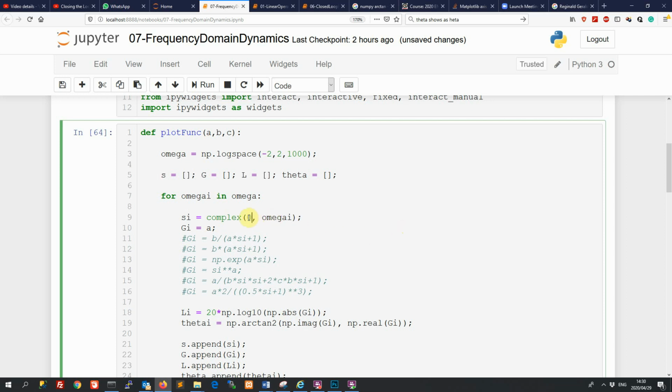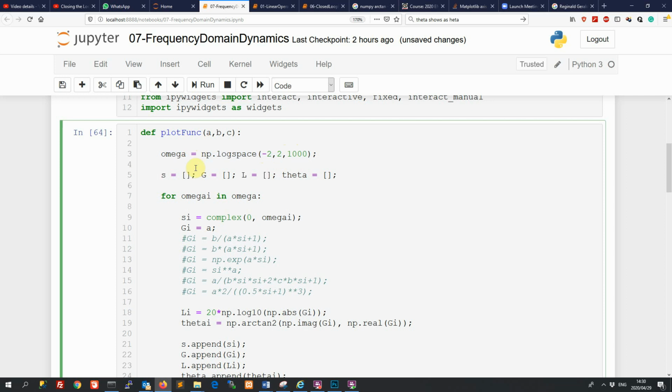That means the real part is 0 and the imaginary part is omega. And we are considering omega logarithmically spaced from -2 to 2. So that's going to be 10 to the minus 2, 10 to the minus 1, 10 to the 0, which is 1, 10 to the 1, 10 to the 2. So this is from one hundredth to 100, using 1,000 points between those two values.